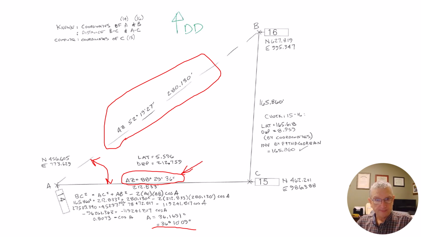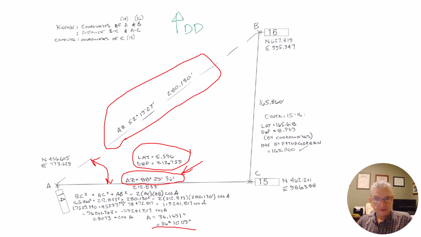We knew the distance the whole time. So it's a pretty simple process now to compute the latitude and departure of the line A to C. We have done this before. And that brings us to a latitude of 5.596 and a departure of 212.795. Now we always want to stop, make sure that this makes sense.